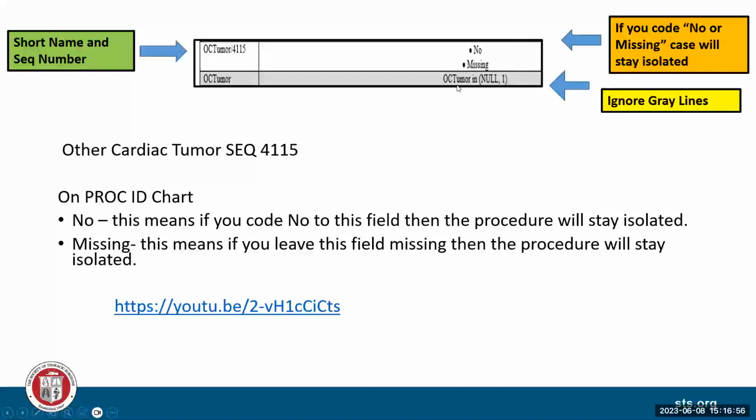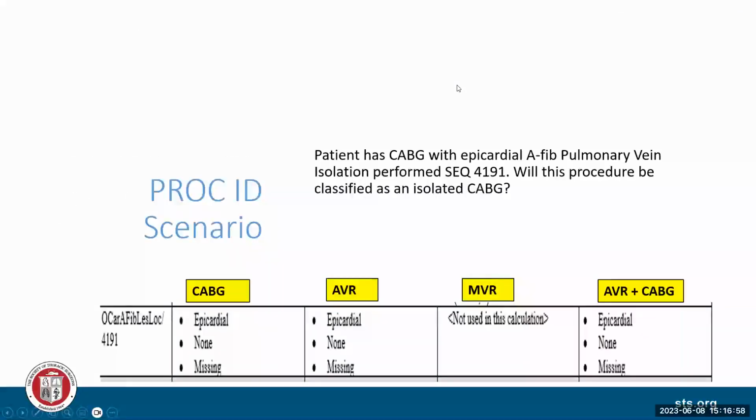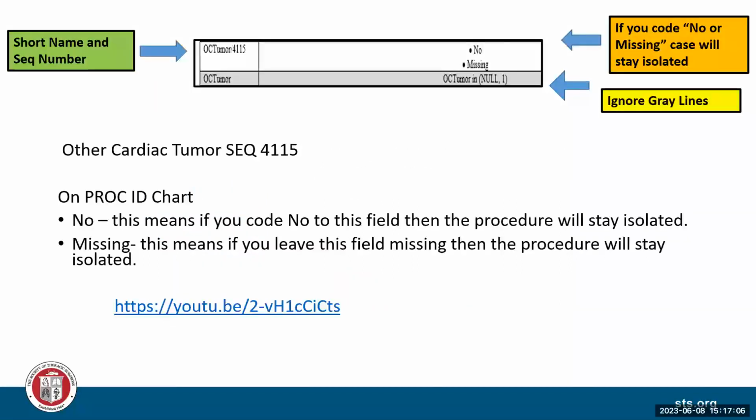Ignore the gray lines. We've already talked about that. Oh, sorry. That's me trying to scroll on the page, and that's not working, is it? So basically, no means if you code no to the field, then the procedure will stay isolated. Missing means if you leave this field missing, then the procedure will stay isolated.